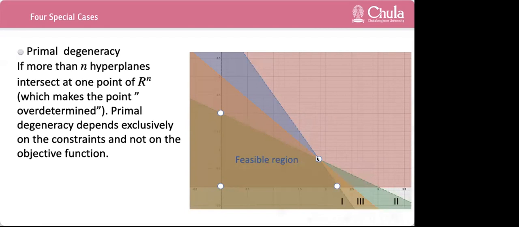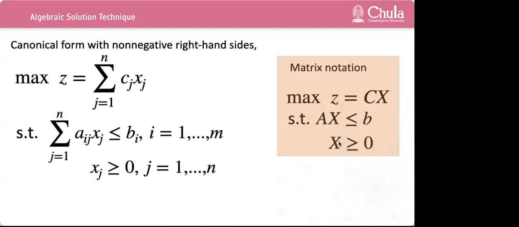However, in some cases we have excess constraints. For example, this point is an intersection of three functions, not two, but we need only two. In that case, we have an excess constraint, and we call this primal degeneracy. Okay.